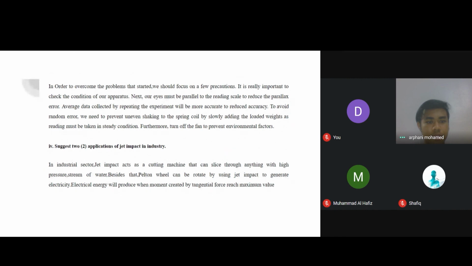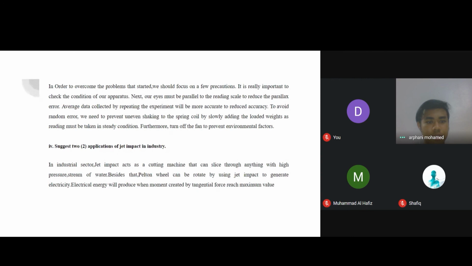Fresh data collected by repeating the experiment will be more accurate and reduce inaccuracy. To avoid random error, we need to prevent shaking of the spring coil by slowly adding the load weight, as readings must be taken in steady condition. Furthermore, turn off the fan to prevent environmental factors.